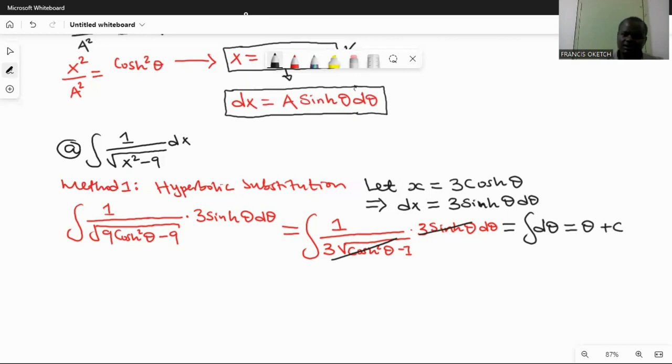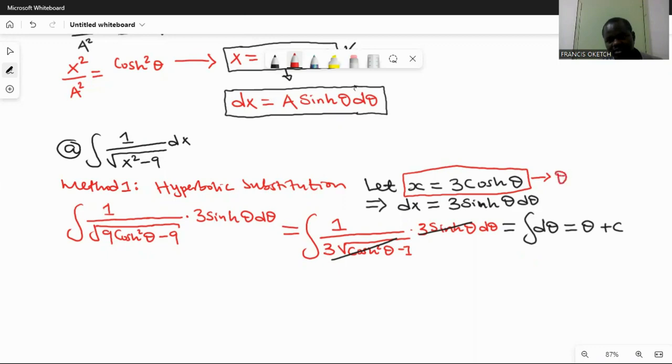Now that is our answer, but ask yourself what is theta, because you have to leave your answer in terms of x. So you need to make theta the subject, and if you look at where we defined our theta, we said that x is equal to 3 cosh theta. So I'm going to make theta the subject.